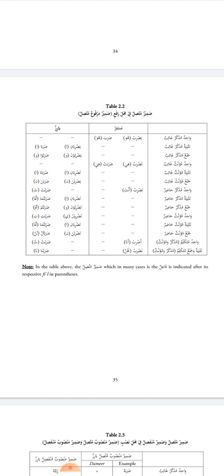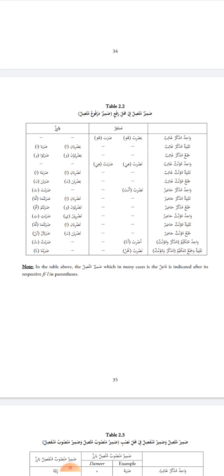Then you have tadribani, yadribna. Look, the alif damir is the damir baris, is the fa'il. Tadribani, tadribuna, tadribina, tadribani, tadribna. Look at the third last one below.